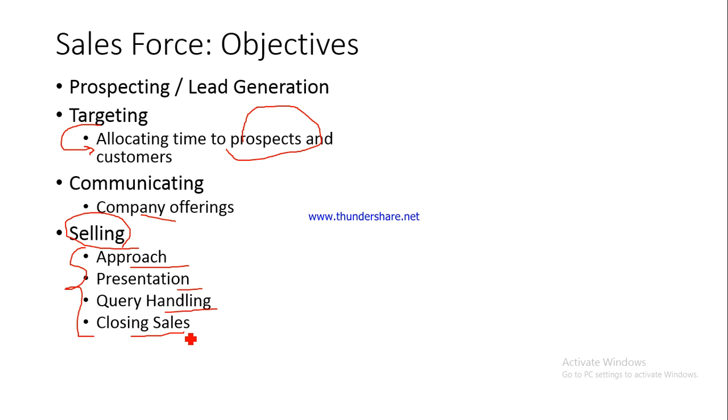So this is what we have studied in closing the sales. So this is another important objective of the sales force. This is something that we've already discussed, so I'm not going to spend too much time on this.